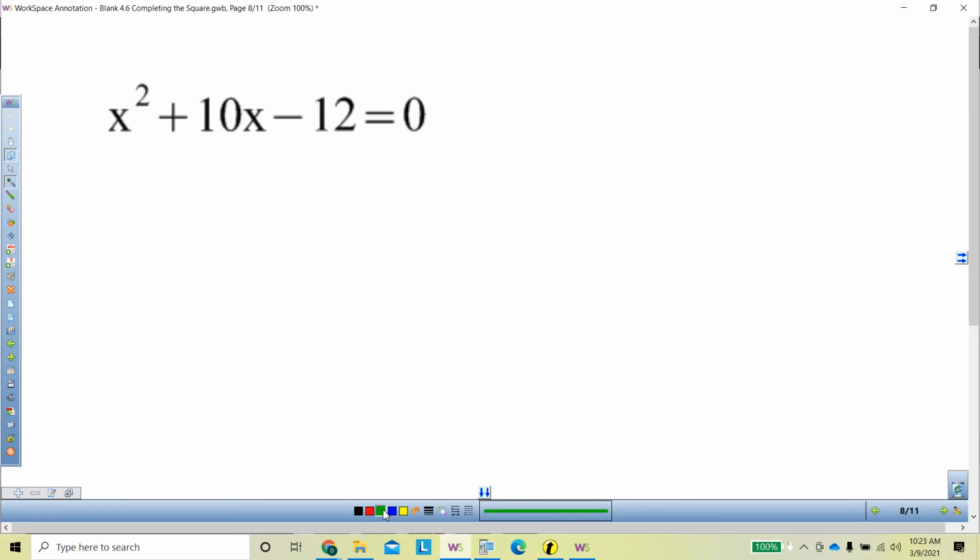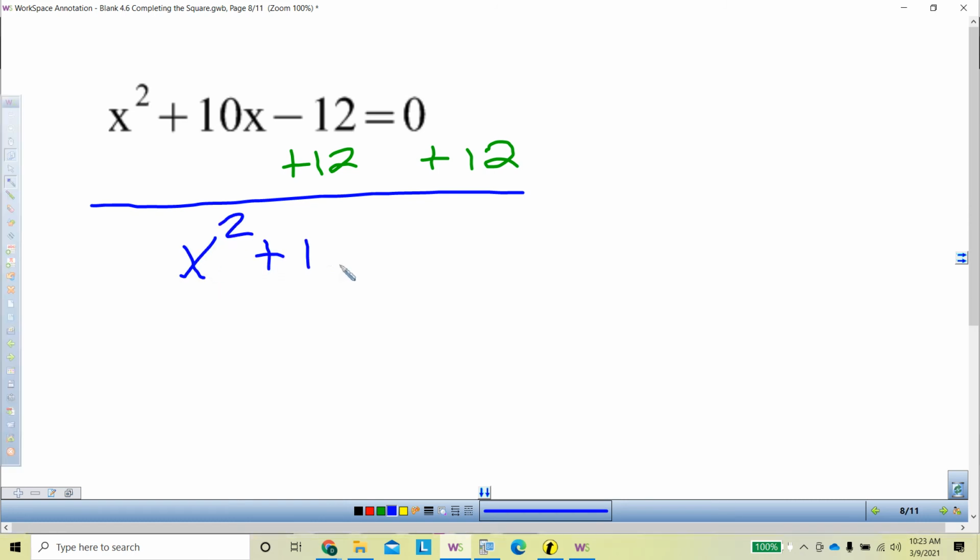I'll go kind of slow on the steps to make sure everyone else gets it. First thing I got to do is add that 12 over. So I get x squared plus 10x, blank space. I always get a kid or two that hate that I write those blank spaces. To you, I say, get over it.